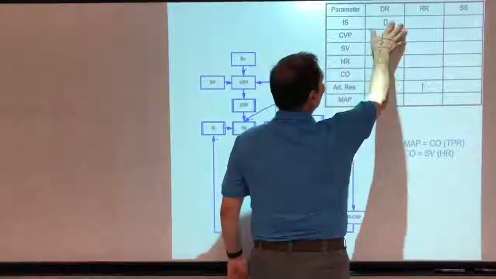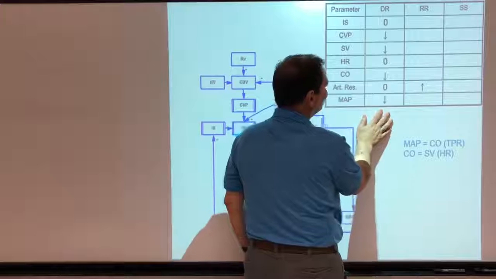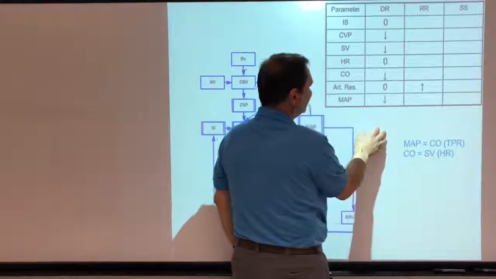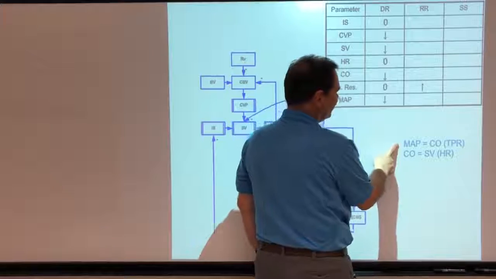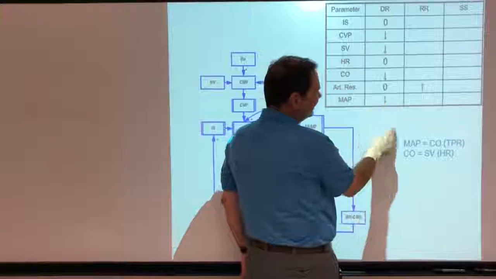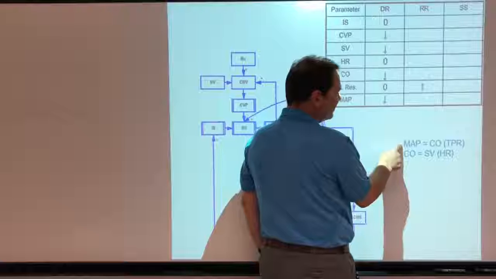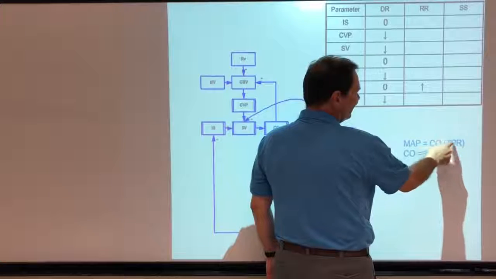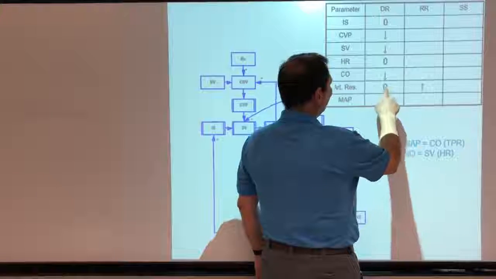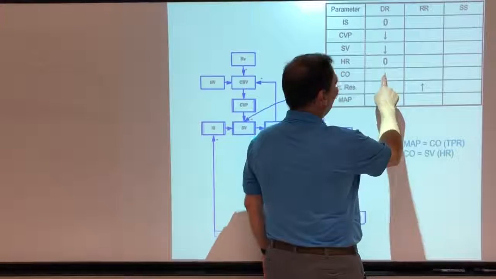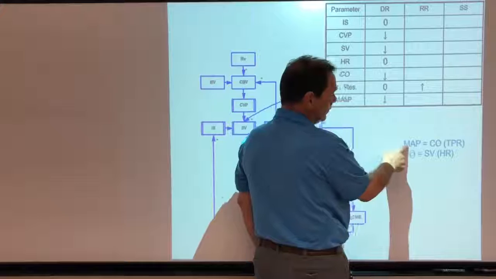So that's the end of our direct response, and what we'll ordinarily do here is check to see if the changes in our parameters are consistent with our causal relationships. My mean arterial pressure dropped. If my mean arterial pressure drops, that means one of these two parameters on the left-hand side had to drop. Arterial resistance did not change, but cardiac output dropped, so my mean arterial pressure went down.